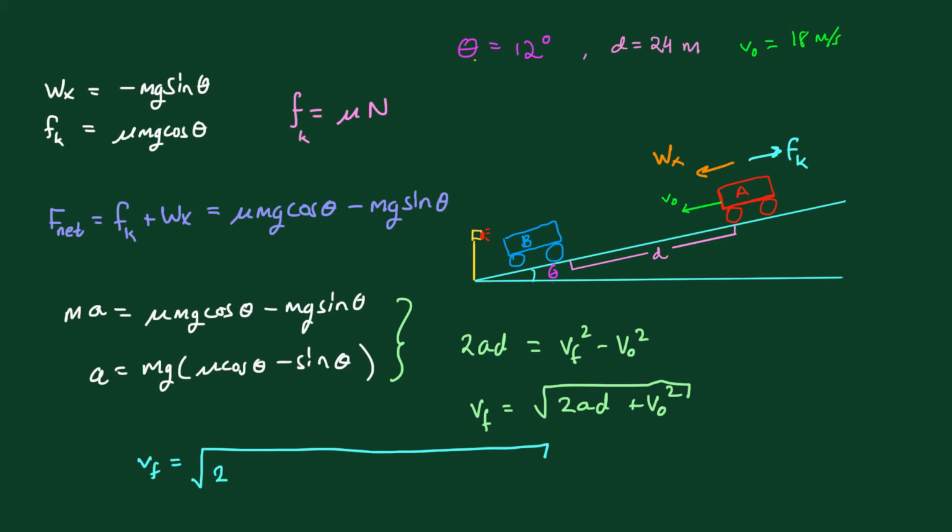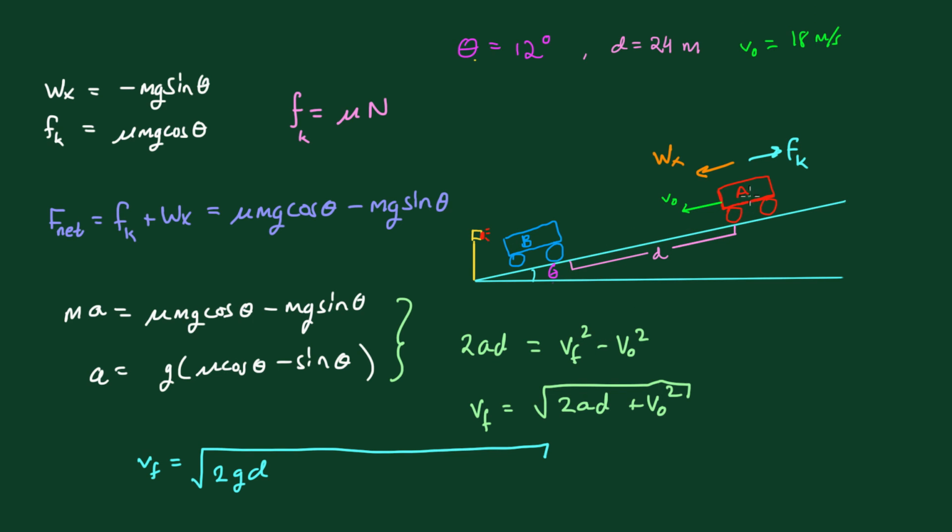Oh, there we go. The m's cancel out, so we don't need this m here. So neglect the m. So A equals g times mu cosine theta minus sine theta. So V sub f is then just 2 times g times d, right? And of course, we have to be aware that d is the distance between the two cars.